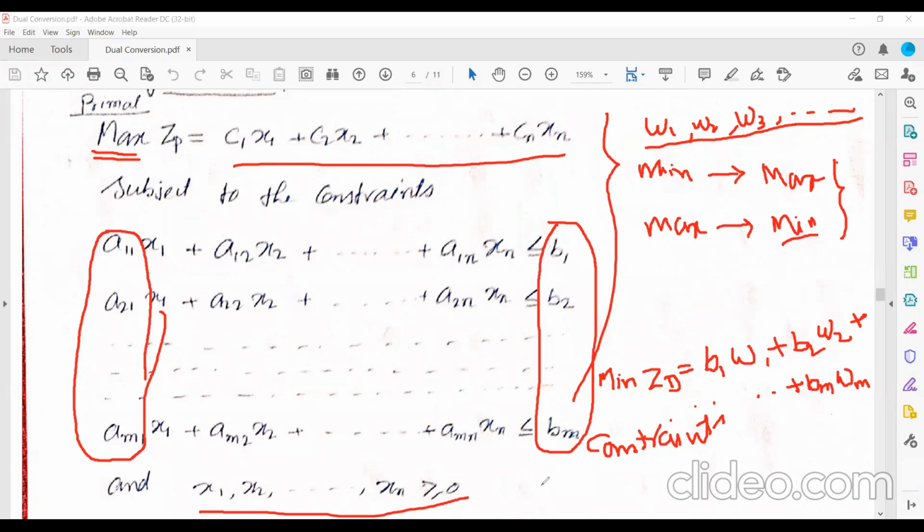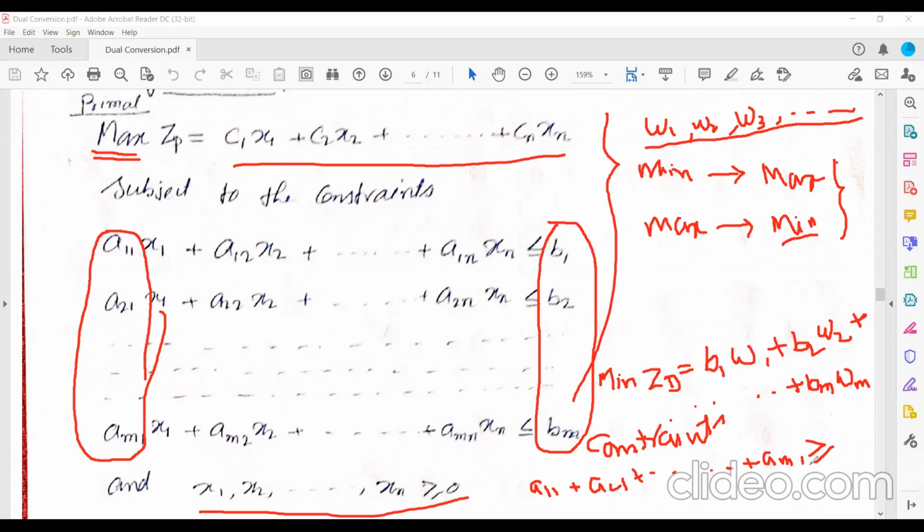That means the first constraint will be a11 w1 plus a21 w2 plus dot plus am1 wm. The primal had less than or equal to, so this will change to greater than or equal to.